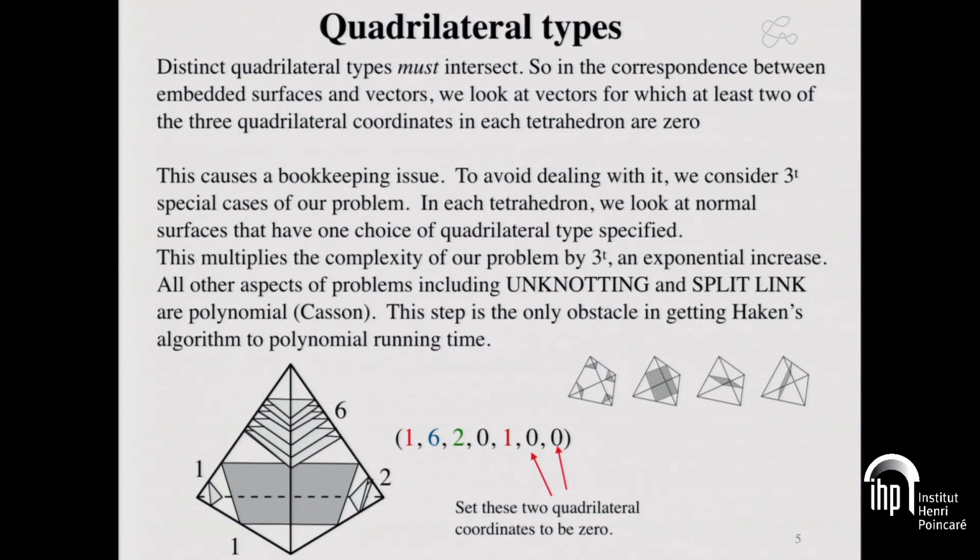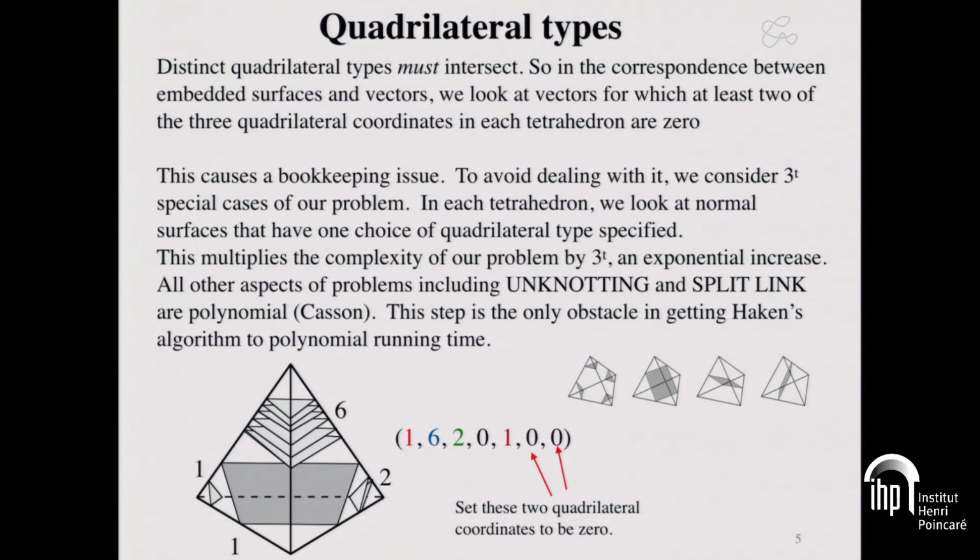So let me talk about these quadrilaterals a little. It turns out that the quadrilaterals are a big source of irritation, I would say, with this theory. They cause a bookkeeping issue. When you start to work with vectors of different types, you want to make sure you don't introduce 2 different types of quadrilaterals, which would stop you from having embedded surfaces. And there's a simple way to do this.